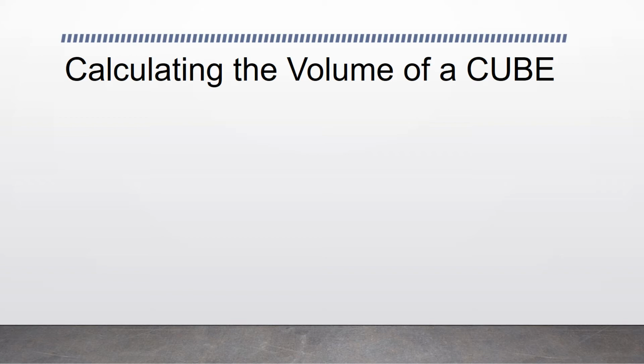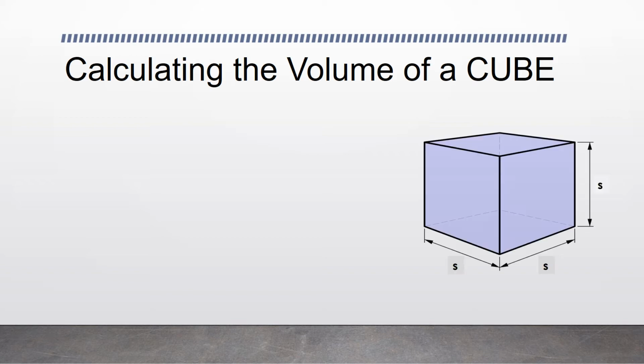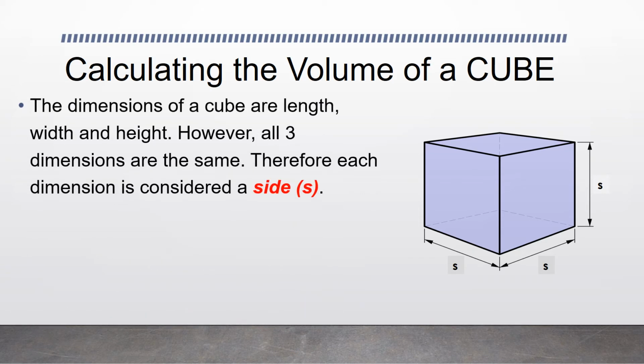Now, let's look at how we calculate the volume of a cube. The dimensions of a cube are length, width, and height. However, we must pay attention to this: all three dimensions are the same if we look at the diagram.